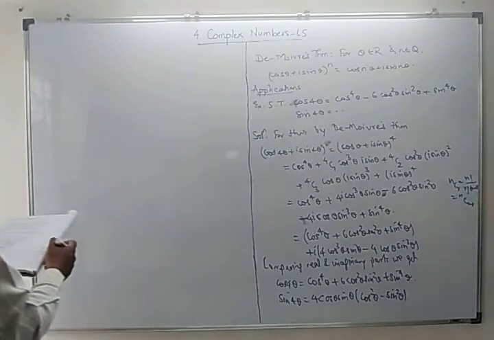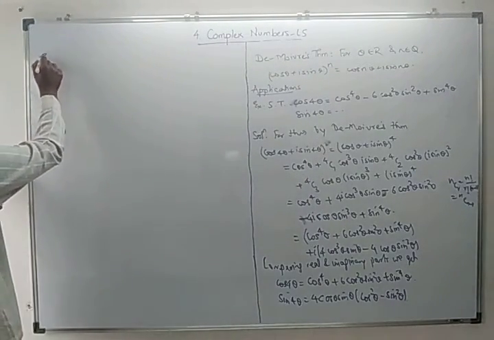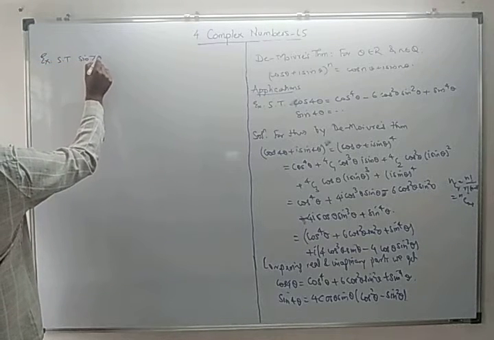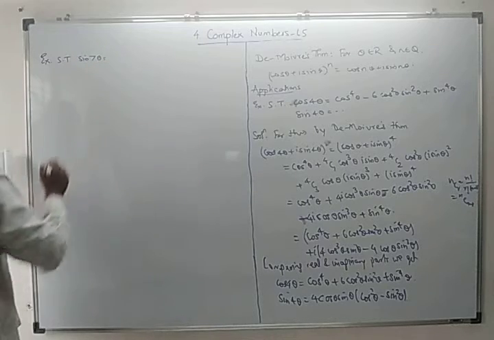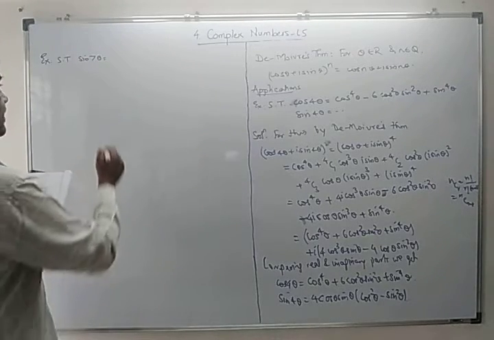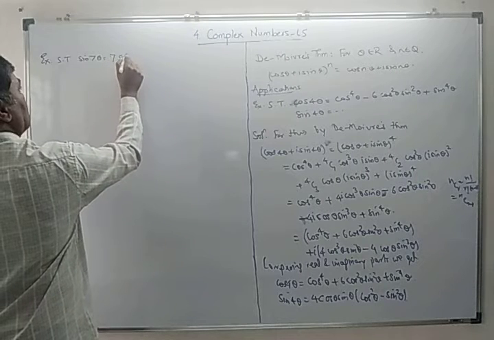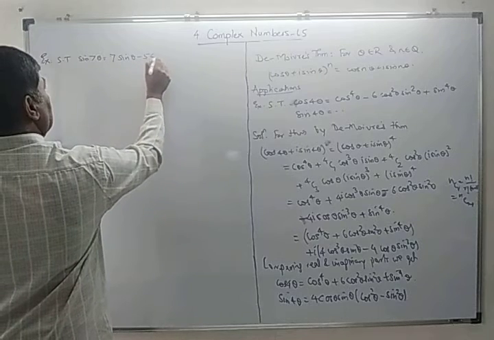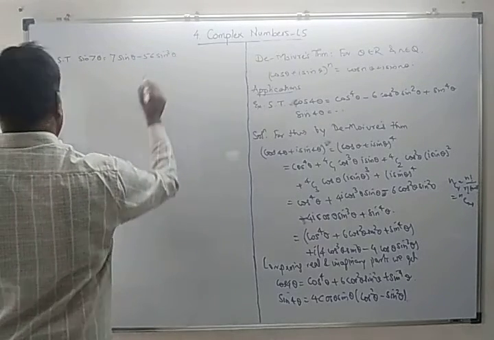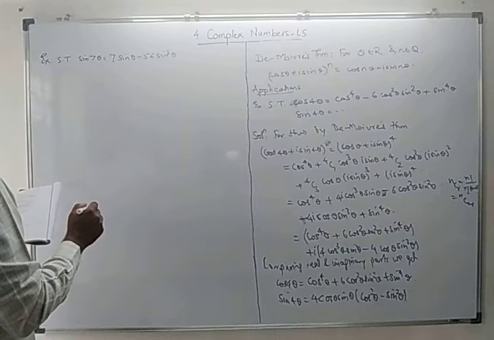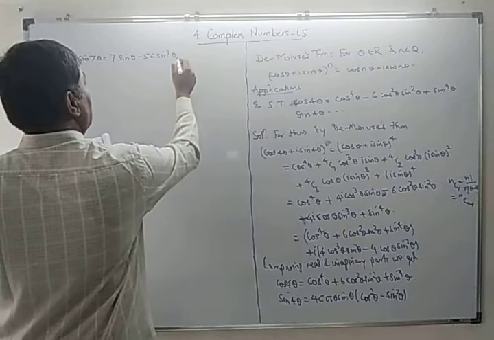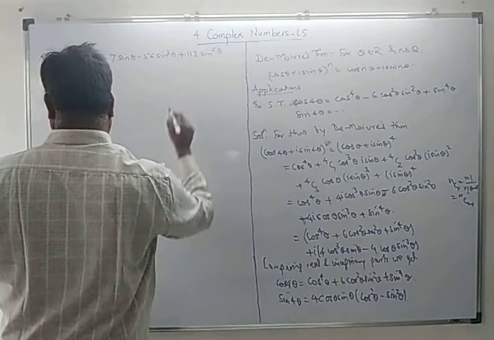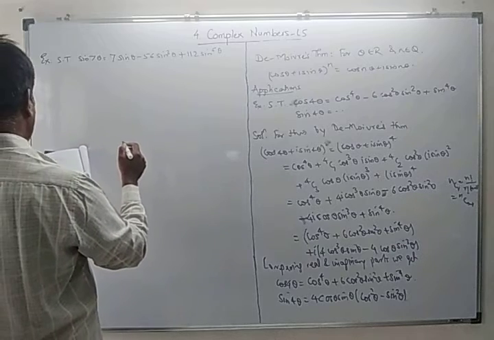We will take one more example. Show that sin 7 theta is equal to 7 sin theta minus 56 sin cube theta plus 112 sin raised to 5 theta minus 64 sin raised to 7 theta.